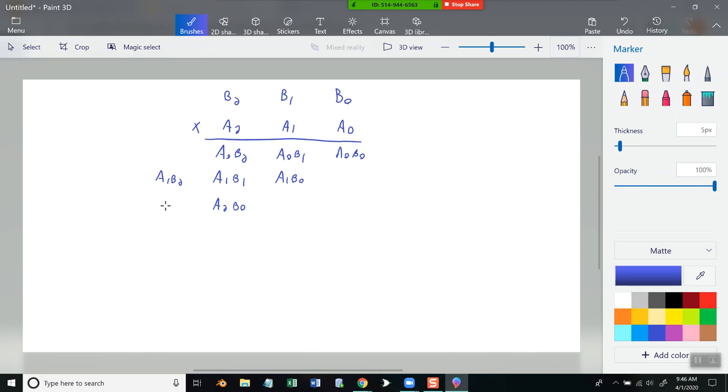I'd have A2, B1. And I'd have A2, B2. And add these together. This is going to give me my P0. This will give me my P1. This will give me my P2, P3, P4, and then possibly our carry of P5. So that'd be kind of our setup.